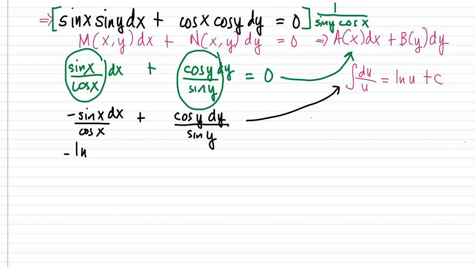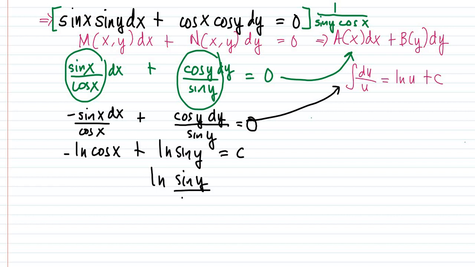So negative ln cos x plus ln sin y is equal to c. Okay, we can still simplify this. We apply laws of logarithm, so we have ln of sin y over cos x is equal to c.